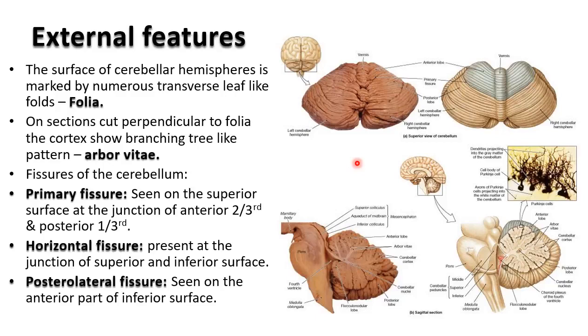This separates the posterior lobe from the flocculonodular lobe. You have the anterior lobe and then the posterior lobe, sometimes referred to as the middle lobe.